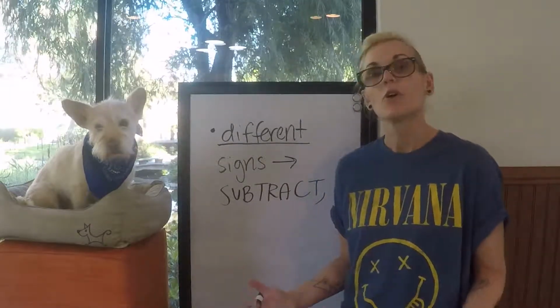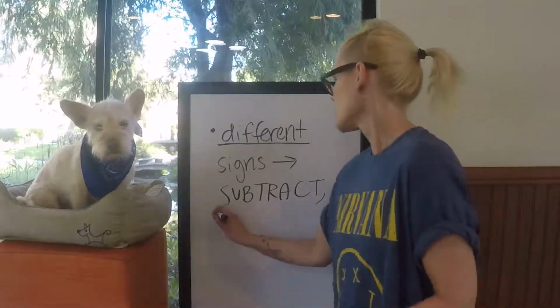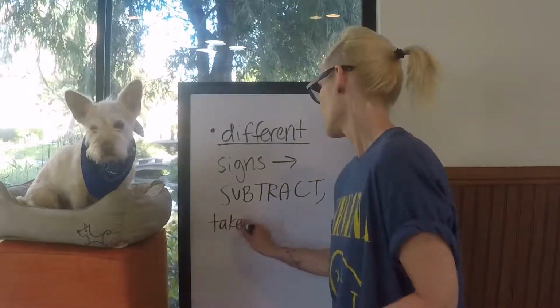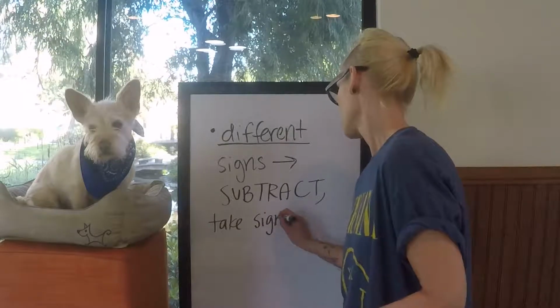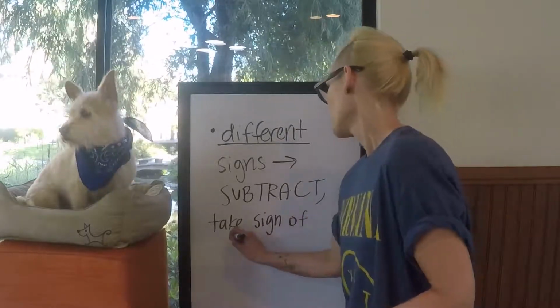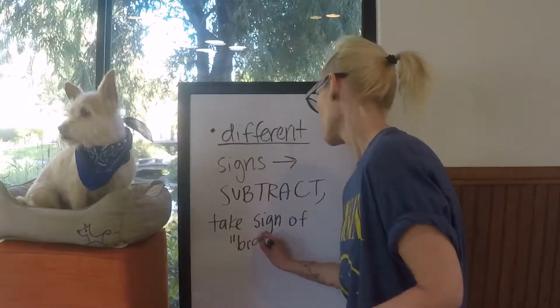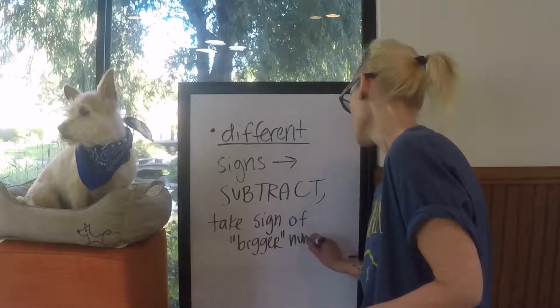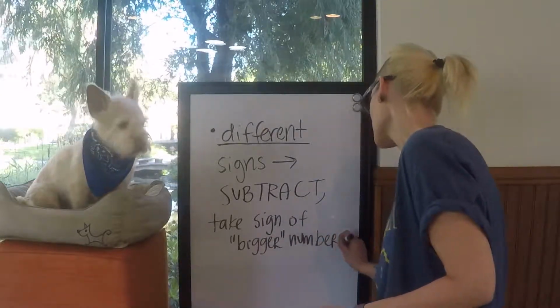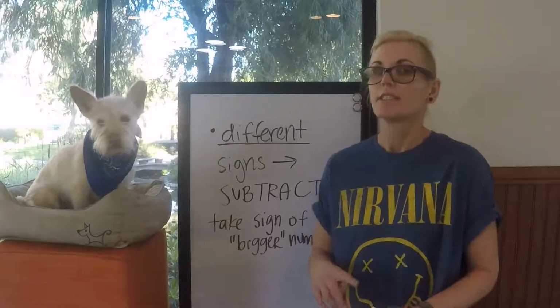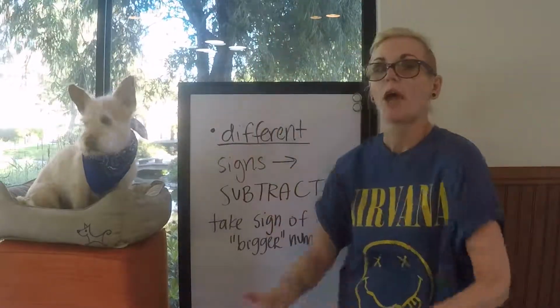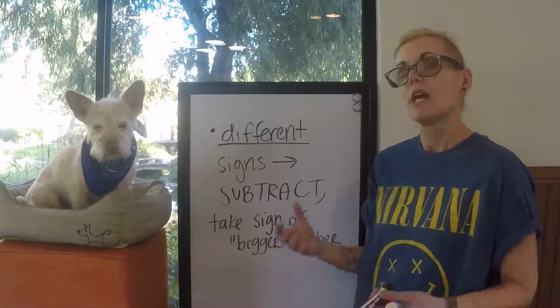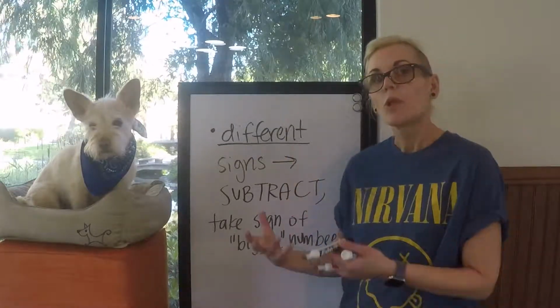Then, how do we know what the sign is? Take the sign of, I'm going to put this in quotes, the bigger number. Okay? What I mean by bigger is whatever number has the most power. So in the last example we had a -4 plus 2.